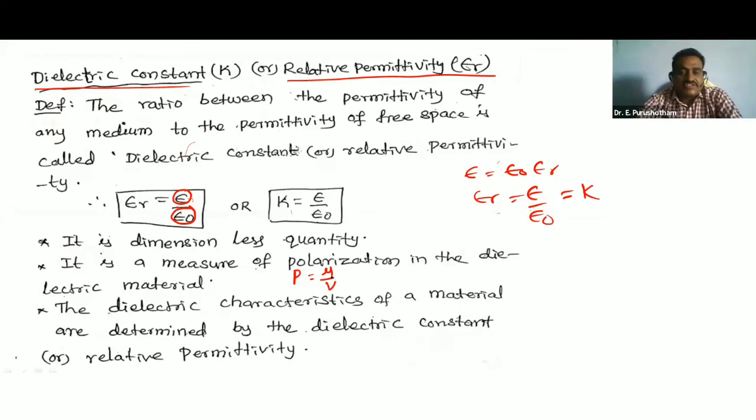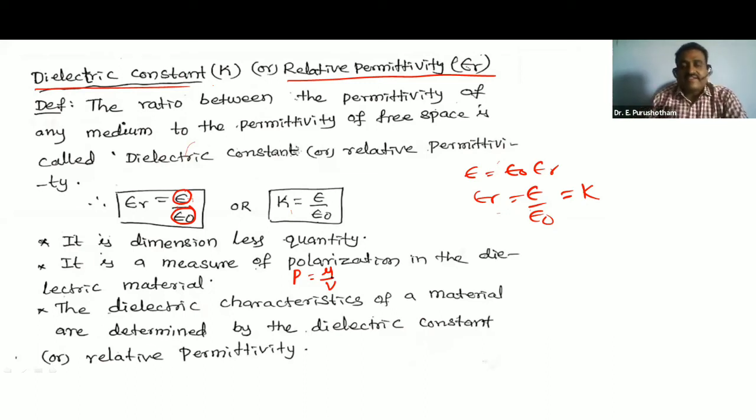So using the dielectric constant, we can evaluate and measure the polarization value, the polarization vector value. So it is a measure of polarization in the dielectric material.